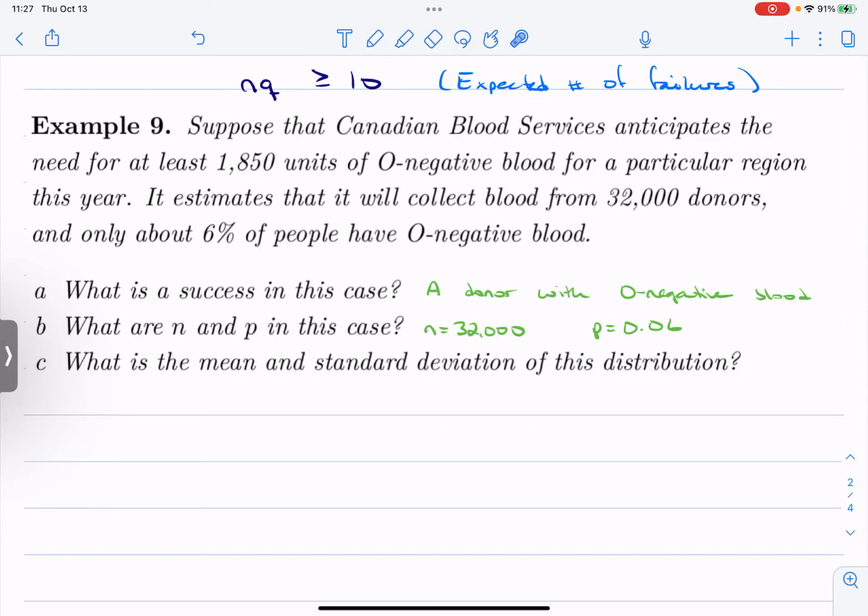So then what's the mean and the standard deviation of this distribution? The mean is n times p, so the mean is 32,000 times 0.06.